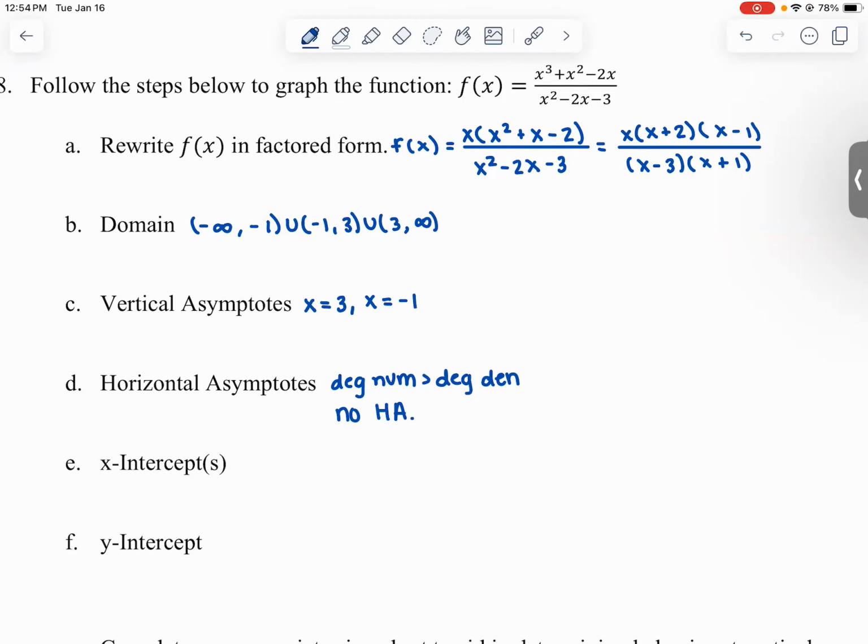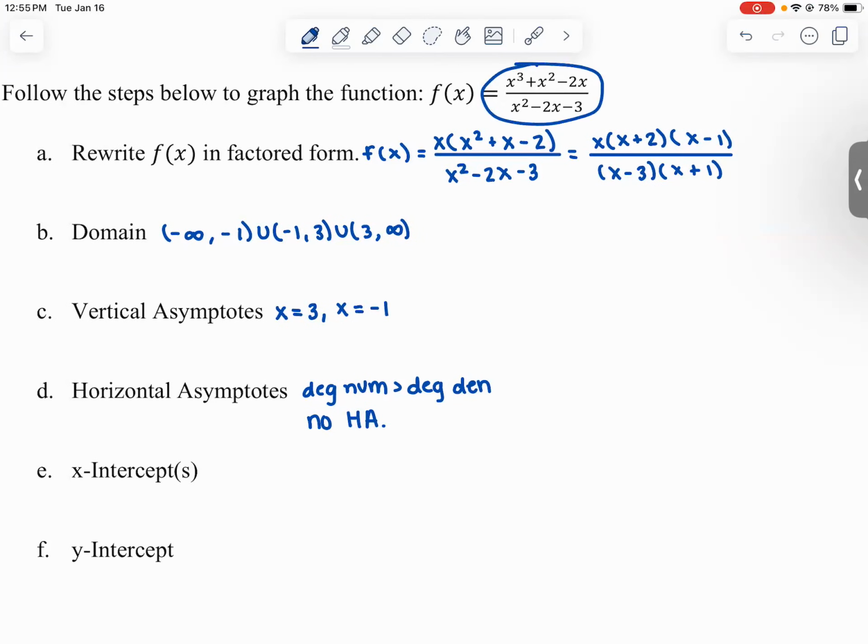To do this, we're going to work with our original equation and set up our polynomial division. So I would have x squared minus 2x minus 3, and we are going to divide this into x cubed plus x squared minus 2x.